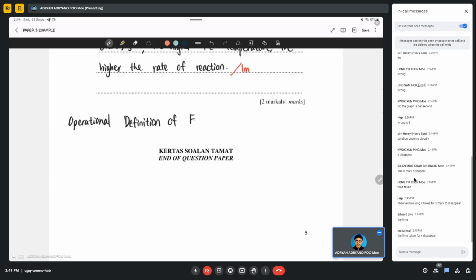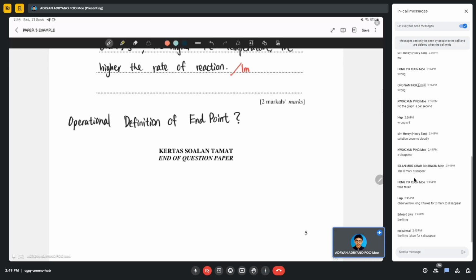of endpoint. Okay, endpoint. The definition of endpoint that you memorized: endpoint is the point where all alkali have completely reacted with all acid, or we can say all hydrogen ions have completely reacted with all hydroxide ions to form water. This is the definition you memorized.